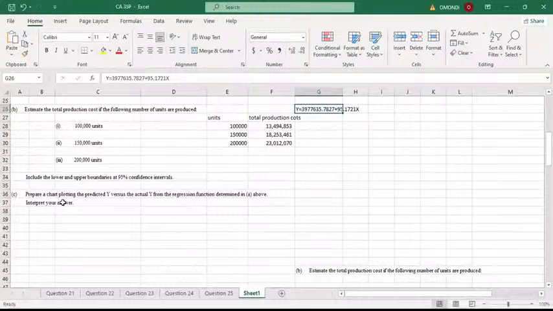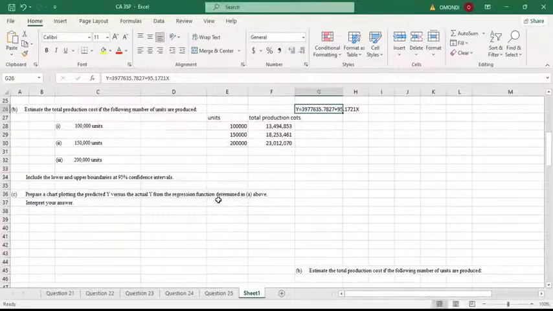Prepare a chart plotting the predicted y versus the actual y from the regression function determined in A above. Interesting.